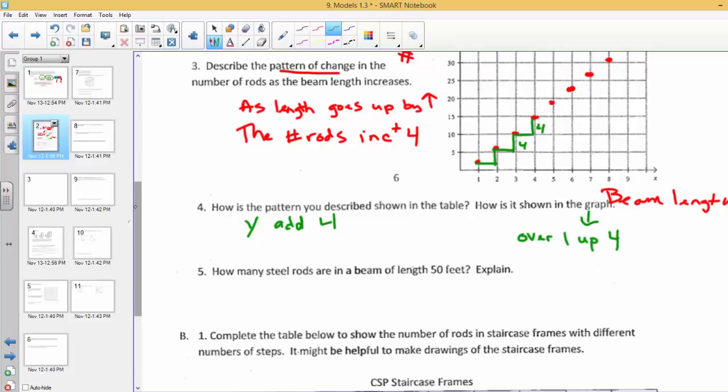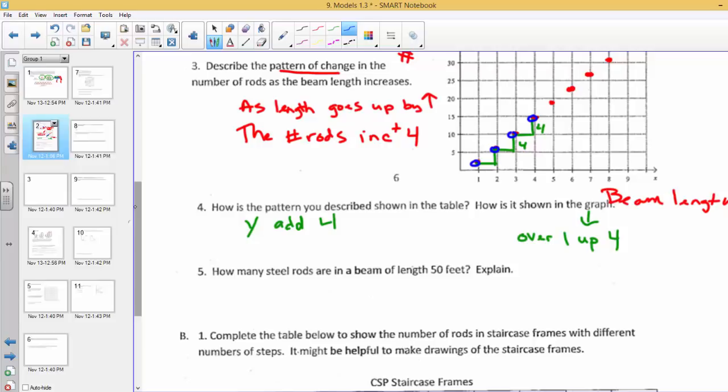It would not make sense to connect these dots on our graph because you wouldn't be able to have a beam length of 1.5 because you wouldn't be able to have that full triangle. So these dots are just separate dots with no line connected. And then it says how many are in a beam of length 50 feet.